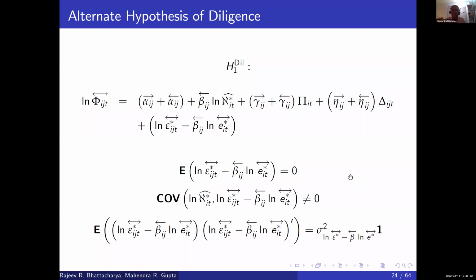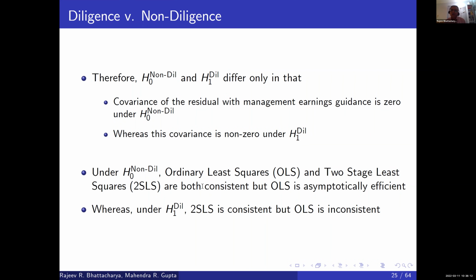Whereas the only difference here is when under diligence, however, the covariance of the best estimate of the unknown earnings with the residual term is no longer 0. So the difference between these two, diligence and non-diligence, is just that the covariance of the residual with management earnings guidance is 0 under non-diligence, whereas this covariance is non-zero under the alternate hypothesis of diligence.